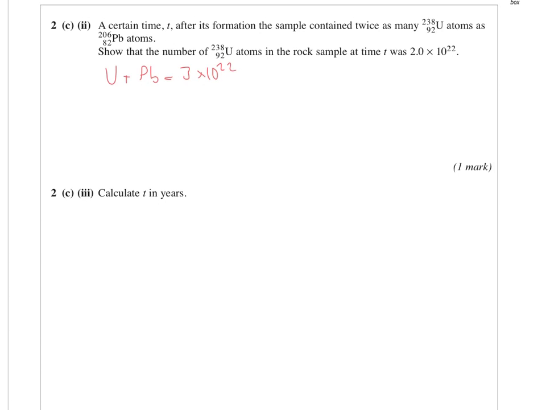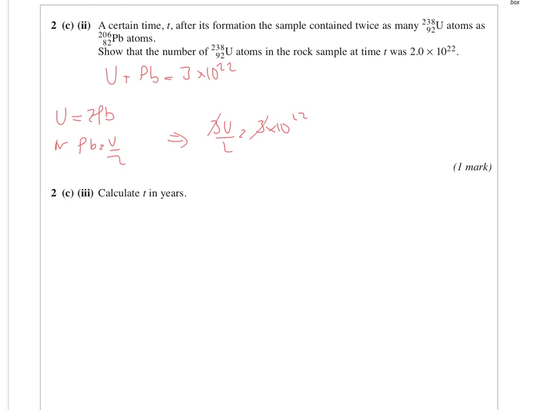And we also know that U is equal to 2 Pb, or Pb is U over 2. So we know that 3U over 2 is 3 times 10 to the 22.